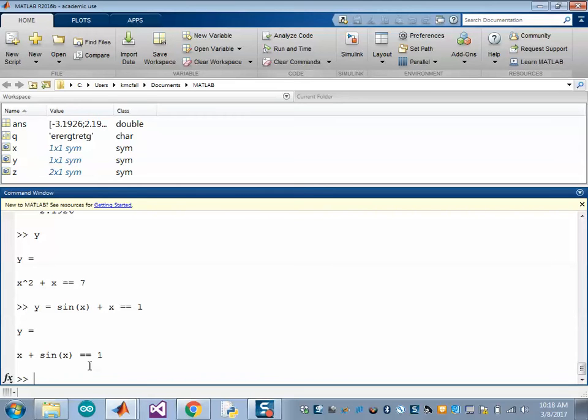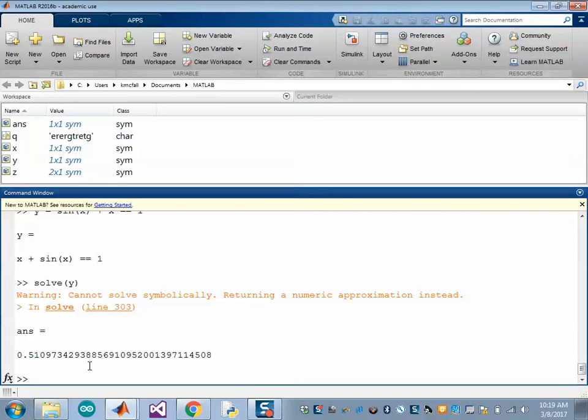That's the equation x plus sine x equals 1, and presumably there exists some x for which this equation is true. If I do solve y, it will give me the solution. Now here's a really interesting thing that happened. It said, warning, cannot solve symbolically. I'm returning a numerical approximation instead. Here's a situation where there exists no analytical way to solve that equation.